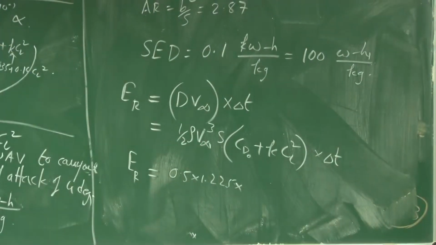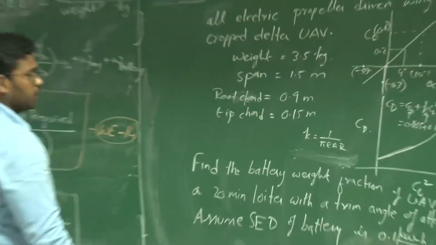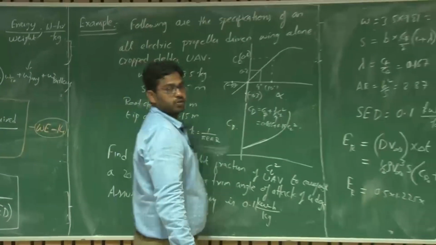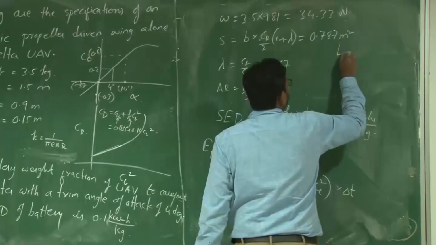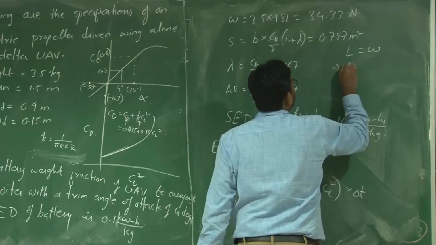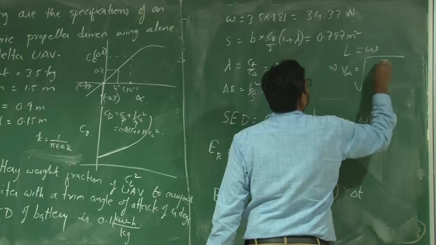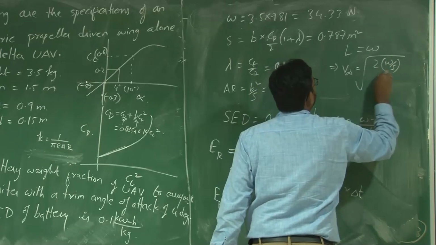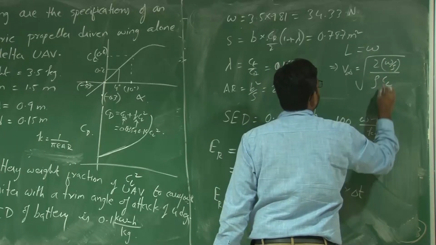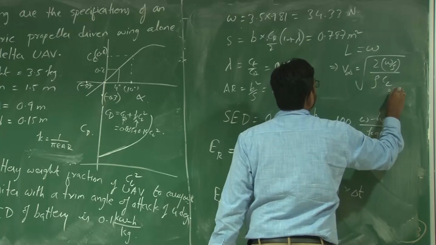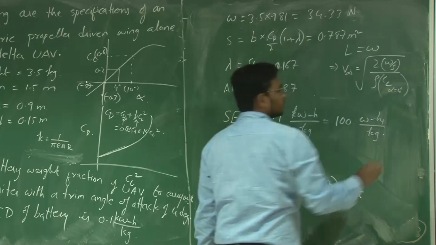What is the velocity of flight here then? We know L equals W for the level flight condition. So the corresponding velocity is the square root of 2W by S divided by rho into CL, the CL at alpha equal to 4 degrees.